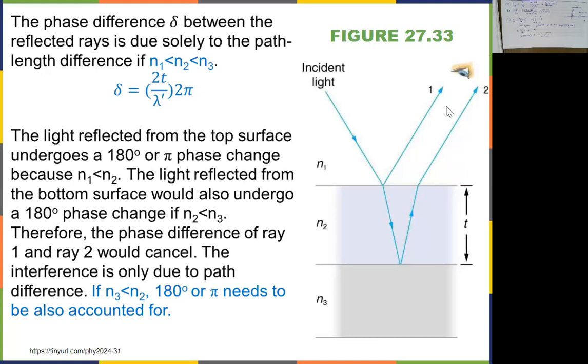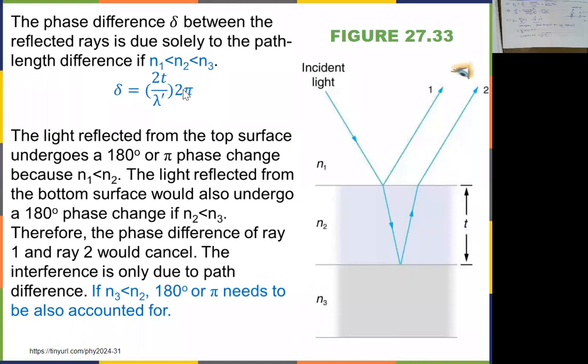So the difference will be 0. Then the only contributing factor will be the path difference of 2t over lambda prime, or lambda sub m, times 2 pi.